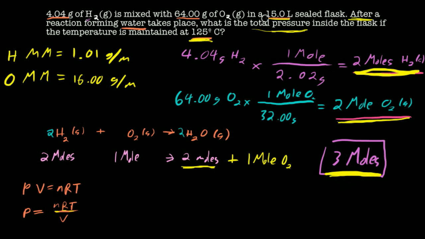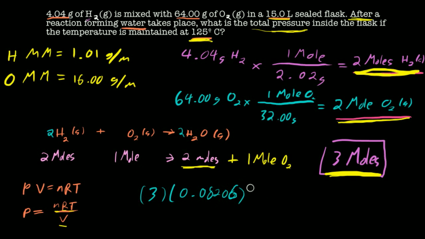And we also know V. We know that we are operating within a 15.0 liter sealed flask. So now we can just start plugging in numbers. I'm going to say that we have 3 moles, that's our number for n, multiplied by 0.08206. If you want to see what the units are on this, maybe look further back in the playlist, but to save space, I'll leave the units off.